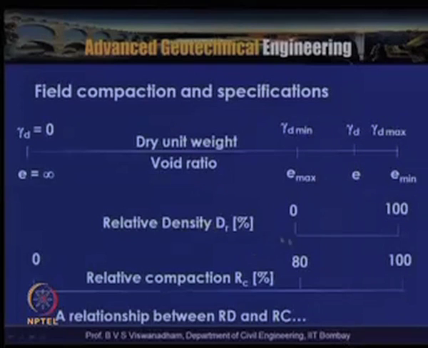The relative density ranges from 0 to 100. For a given project where the specification says 70%, that means a certain in situ void ratio has to be achieved. In case of relative compaction, it ranges from this point to this point, so if you specify say 90% compaction, it can result somewhere here.